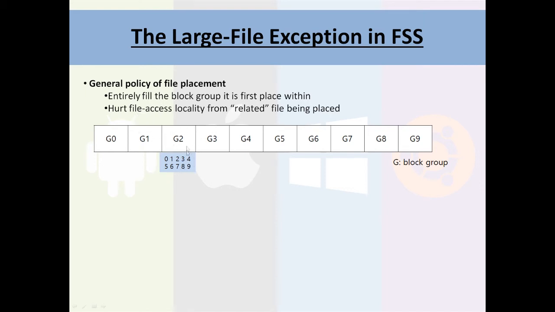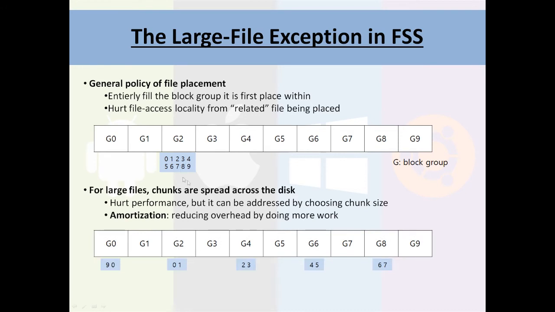We have this block group G2, and it's been completely filled by some file data, hypothetically. Filling a block group in this manner is undesirable as it prevents subsequent related files, like files within the same directory, from being placed within this group, and this might hurt our file access times or the locality. So how do we solve this?